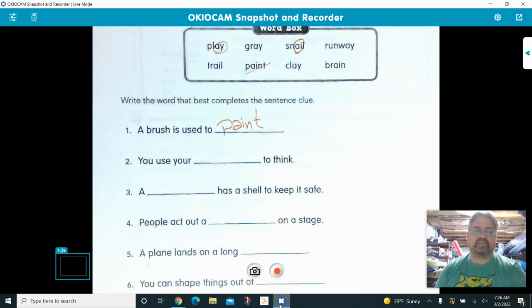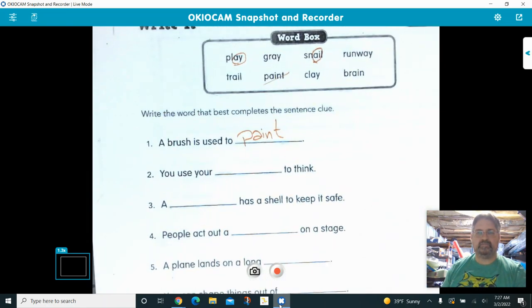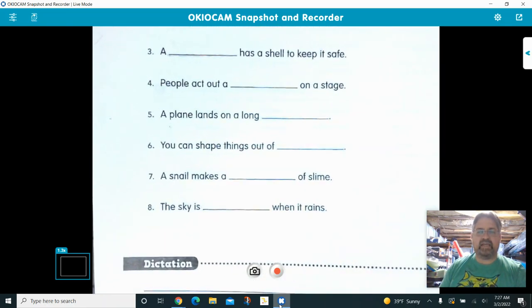You can shape things out of blank. What would you sculpt and shape with? Again, hopefully not brain, otherwise you're going to jail. That's gross. A snail, hey, we know that word, makes a blank out of slime.